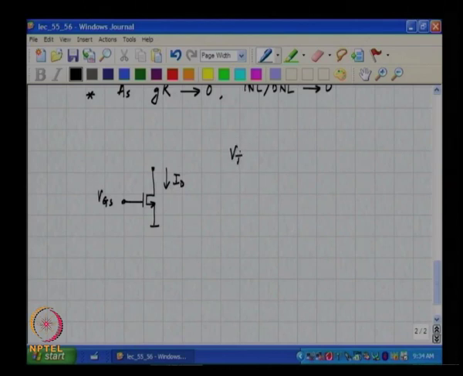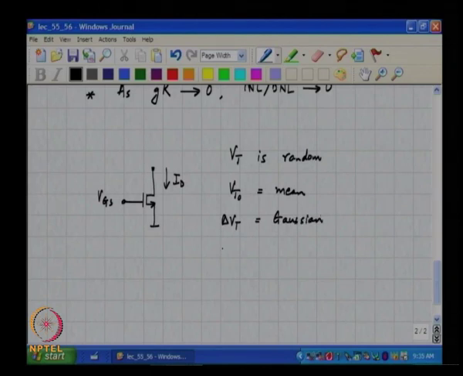the Vt of the transistor is a random variable, with some mean Vt naught and a delta Vt which is assumed to be Gaussian with a sigma delta Vt of the form A Vt divided by square root of W times L, okay.